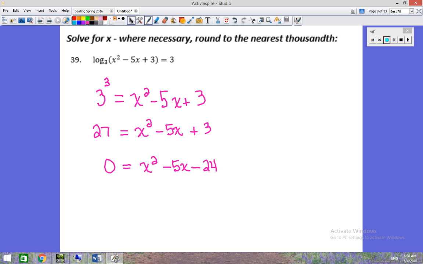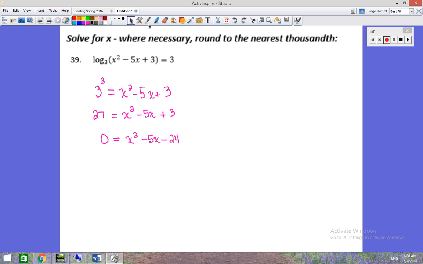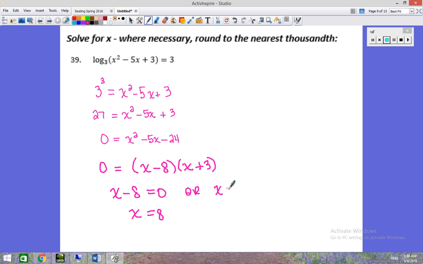So we can factor this. We have x minus 8 times x plus 3, which gives us possible solutions of x equals 8 or x equals negative 3.